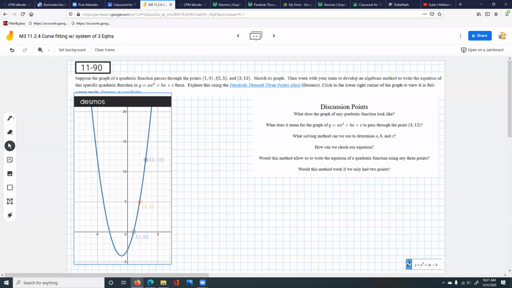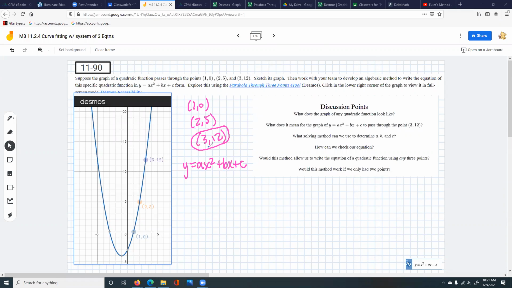So if you haven't written down these 3 points, you want to write down these 3 points too. Let me get my drawing tool back, change colors. Okay, so our 3 points are 1, 0, 2, 5, and 3, 12, right? What does it mean that 3, 12 is on the equation y equals ax squared plus bx plus c? What is 3, 12 in relation to this equation?